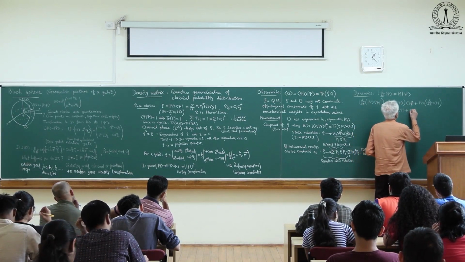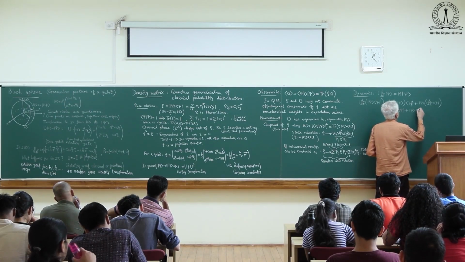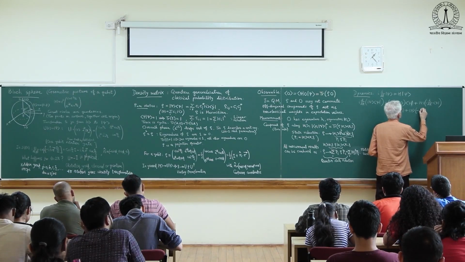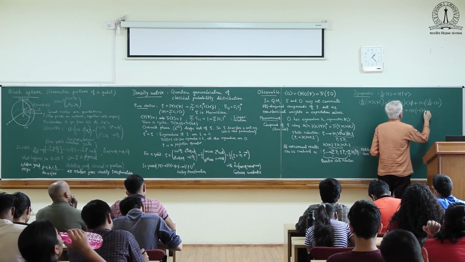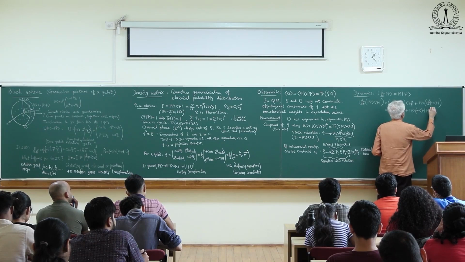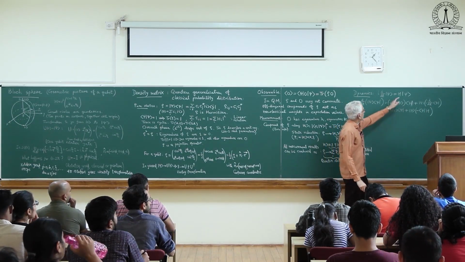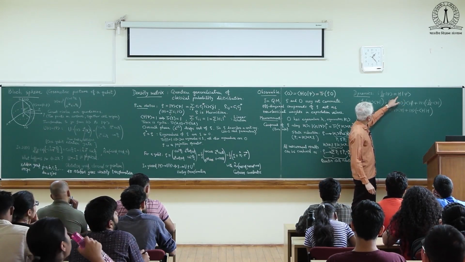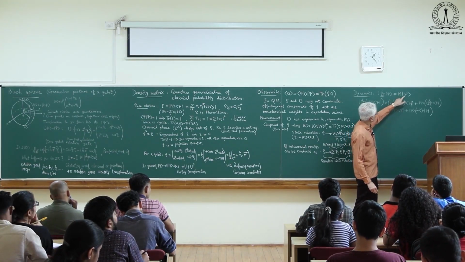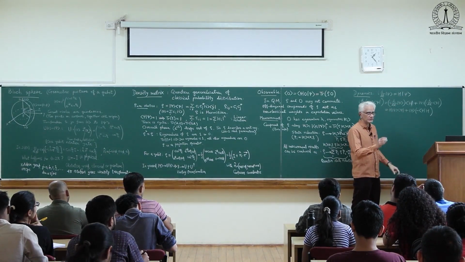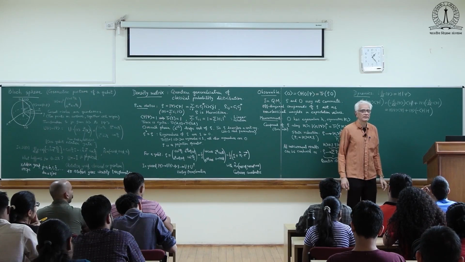So this is, there is a minus sign. The order reversed because in taking a transpose, A times B transpose is B transpose A transpose, things like that.